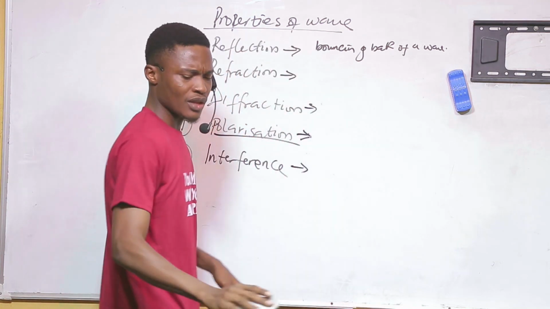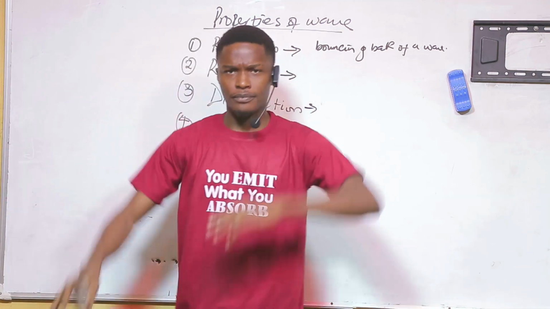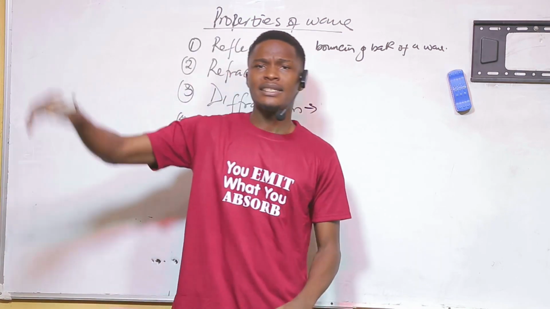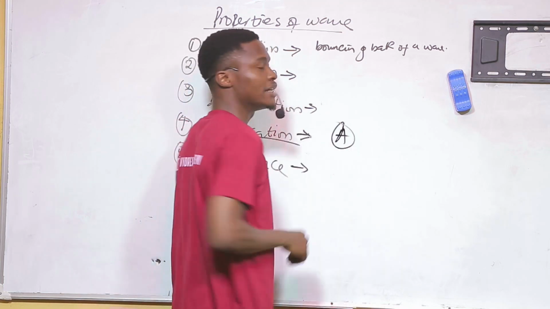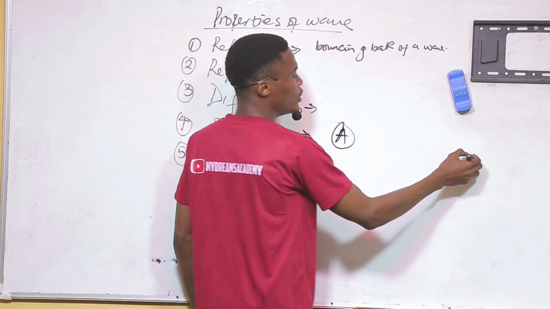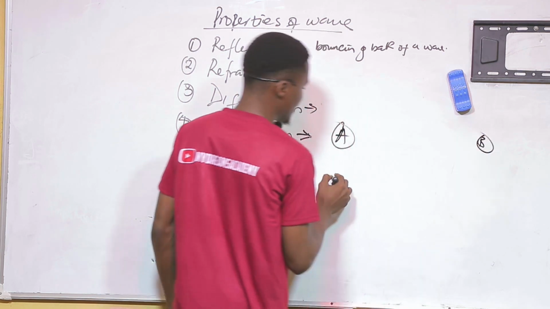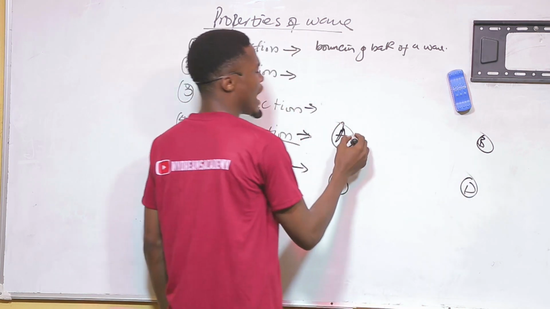Now, usually, waves collide. Waves are always in collision. So for example, let's say that Mr. A is making a call to Mr. B, and then Mr. C is making a call to Mr. D. Now what happens?